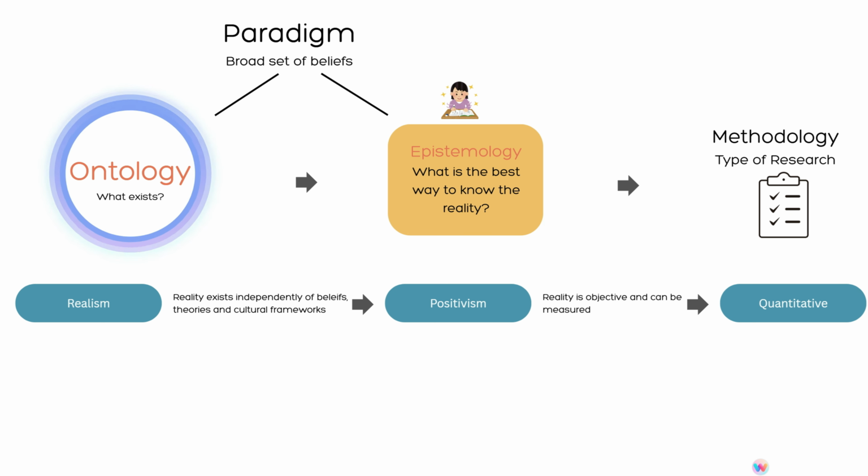For example, gravity exists. It's an objectively established fact. You cannot prove that gravity does not exist. It is proven scientifically, and there's no second opinion about it. In that case, you will follow positivism. This will allow you to measure that.